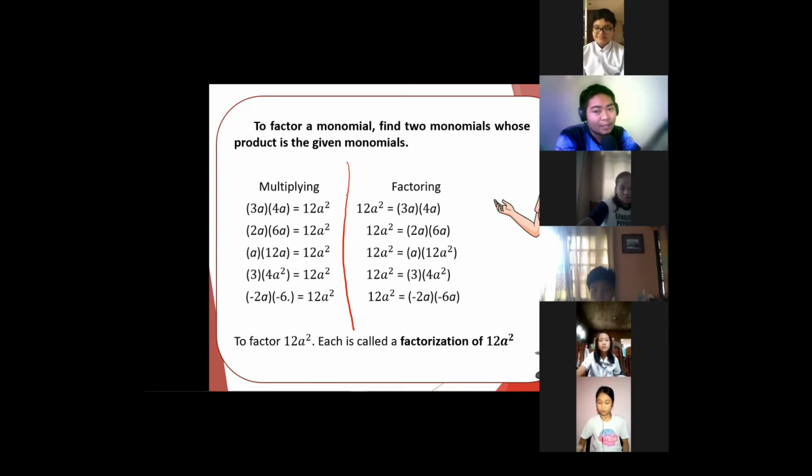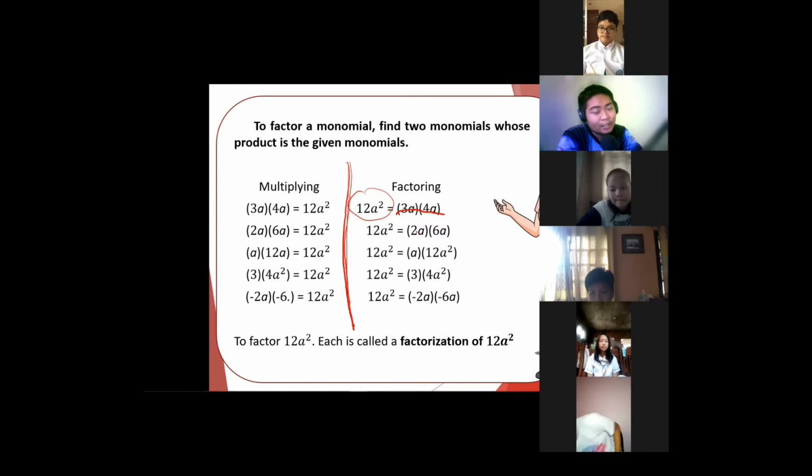In factoring, on the other hand, it is the reverse. This would be the given, and you are going to find the expressions that make the product 12A squared. So for 12A squared, we have 3A times 4A.